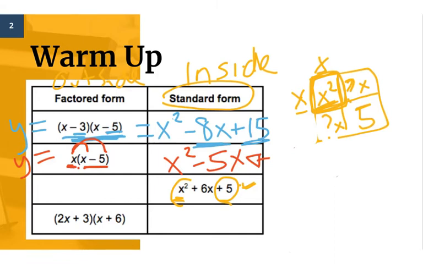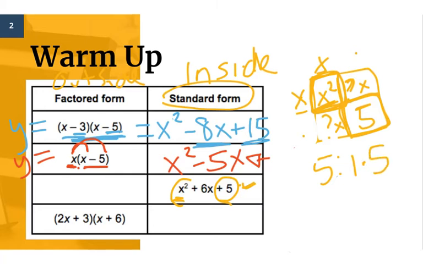So let me try working with the 5 here. All right. So I know I need to have two terms that multiply to give me 5. And lucky for me, 5 is prime. Now, what does prime mean? It means it only has two factors, 1 and itself.